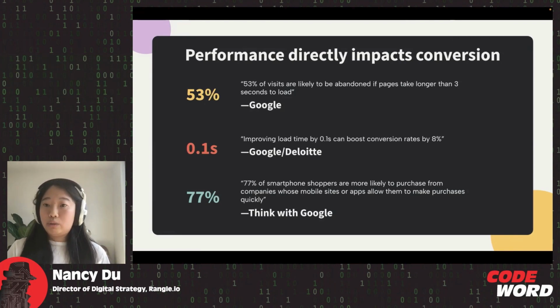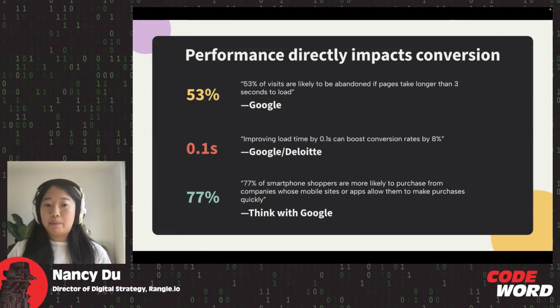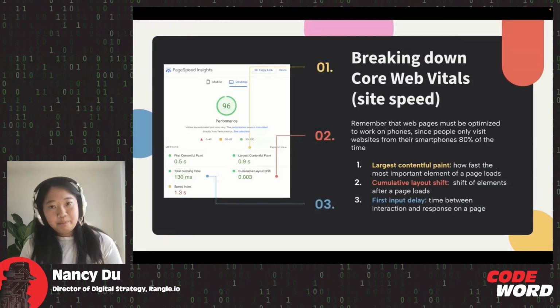And this is especially true on mobile devices, where especially in the e-commerce industry, 77% of smartphone shoppers are more likely to purchase from companies whose mobile sites or apps actually allow them to make purchases quickly. So performance is very critical for SEO and direct conversion.